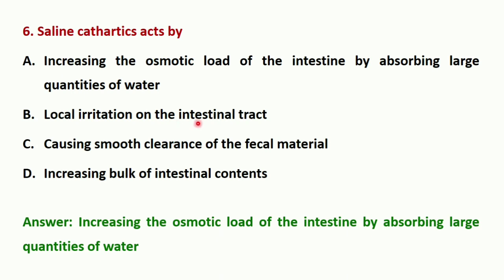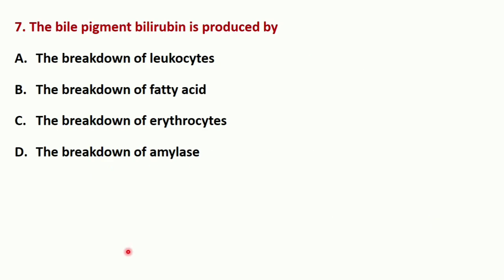Local irritation of the intestine is not caused by saline cathartics; irritants cause that type of mechanism. Smooth clearance of fecal material is caused by lubricants, and increasing the bulk of intestinal content is done by bulk cathartics. So saline cathartics increase the osmotic load of the intestine by absorbing large quantities of water.